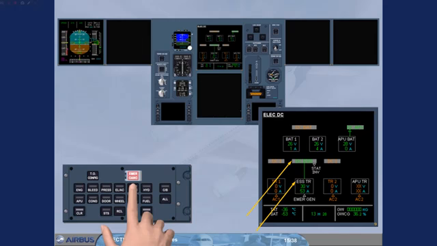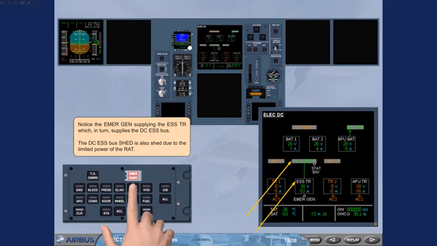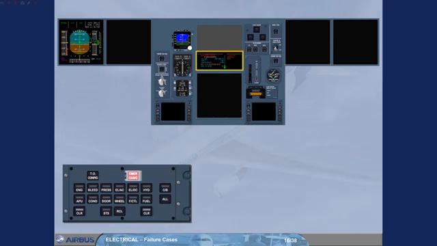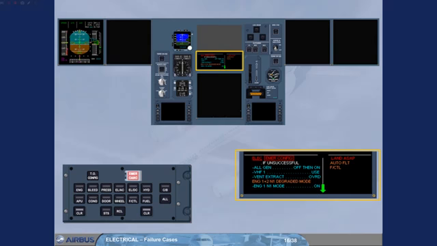The DC essential shed bus is also shed due to the limited power of the RAT. As soon as the key is released, the engine warning display is back on the upper display.